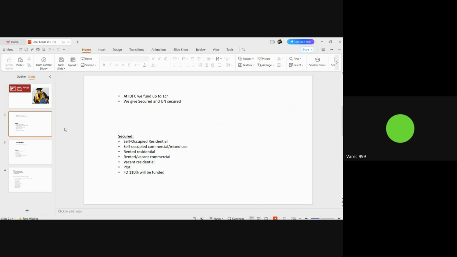At IDFC First Bank, we fund up to 1 crore rupees. This 1 crore rupees might be in the form of a secured loan or an unsecured loan. We have both.